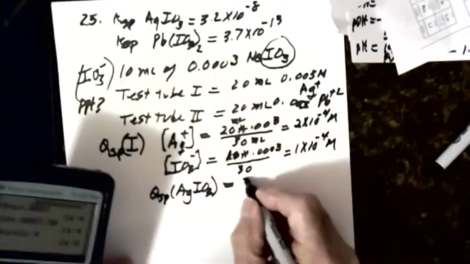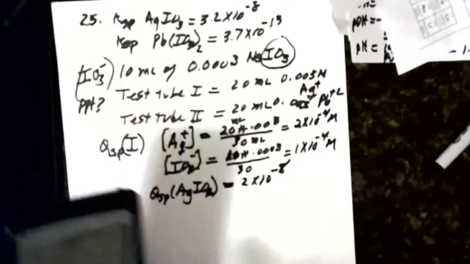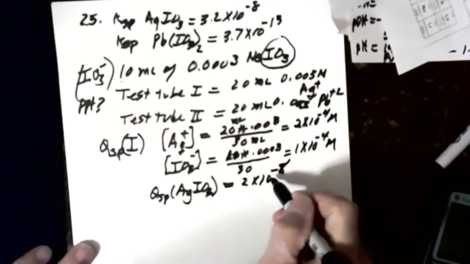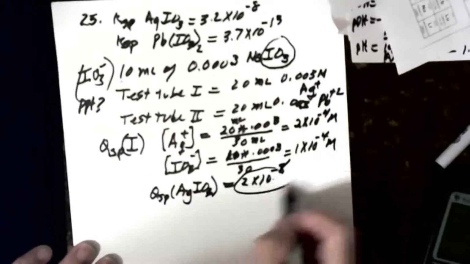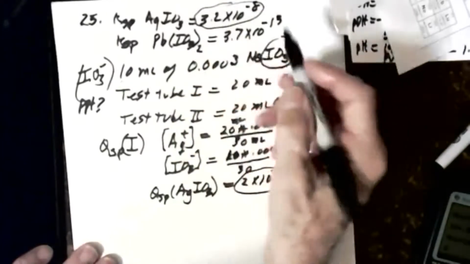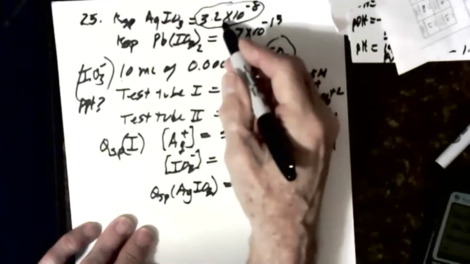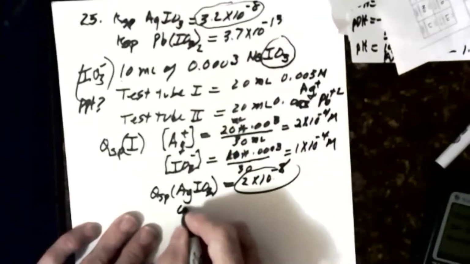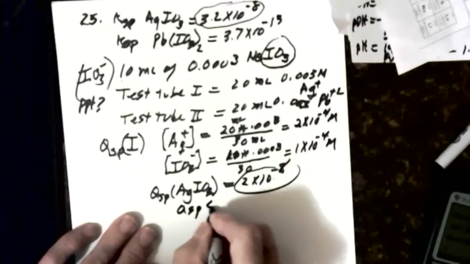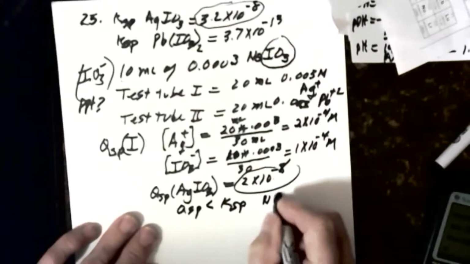That's going to be 2 times 10 to the negative 8. Now, the QSP is 2 times 10 to the negative 8, but the KSP is 3.2 times 10 to the negative 8. So it doesn't exceed this value. This QSP is not greater than KSP. So if QSP is less than KSP, no precipitate.